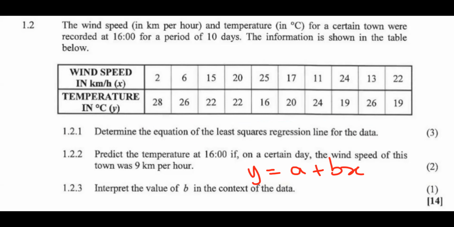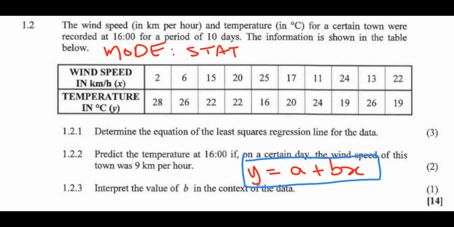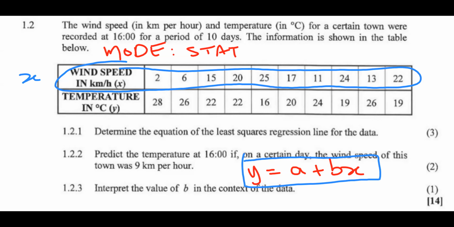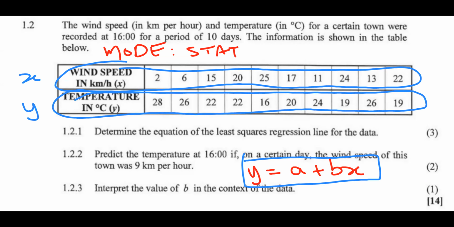You'll have to use stat mode, and I think it's the second option that will give you this equation, a plus bx. If you get a table asking you for x and y coordinates, the x coordinates would be the wind speed, and the y coordinates would be the temperature in degrees Celsius.